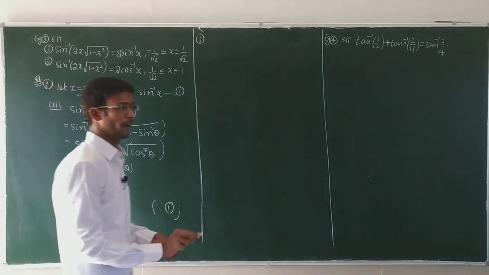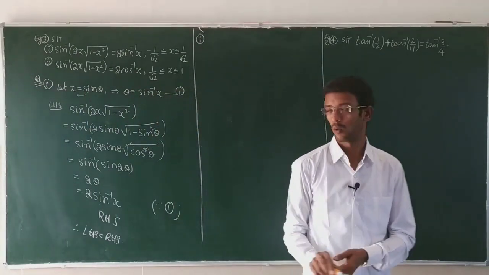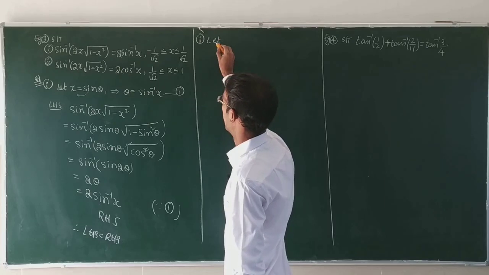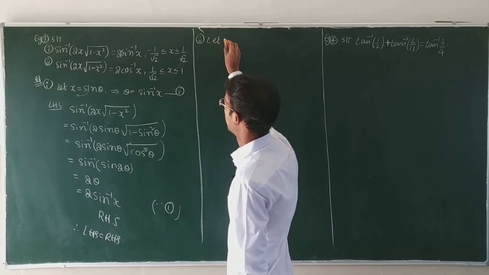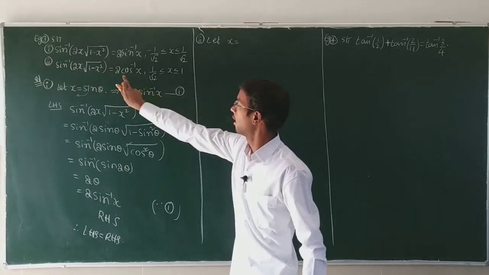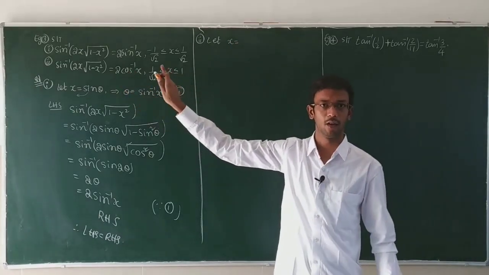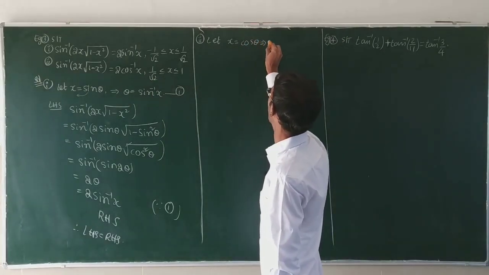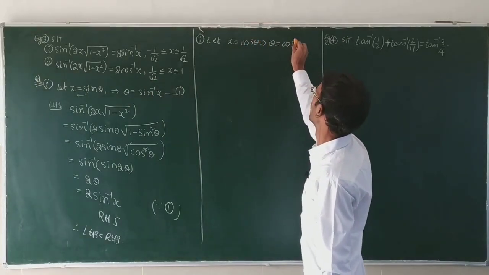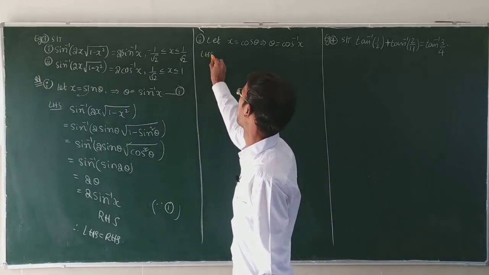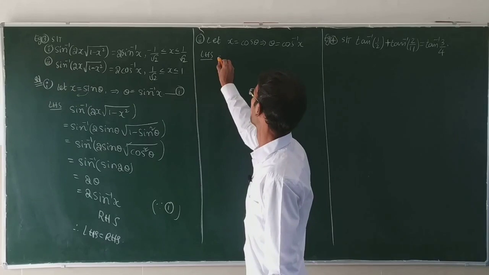Next, problem number 2. Let x is equal to cos theta, since cos inverse x is there. This implies theta is equal to cos inverse x. What is the LHS part?